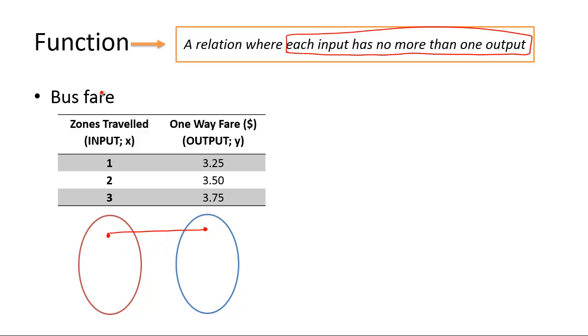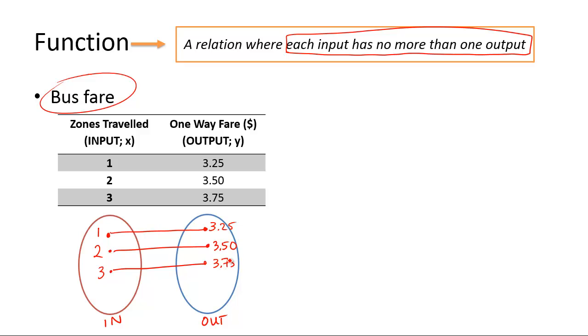So here's an example with bus fare. So say you travel one zone, it costs you $3.25. Input, output. Independent, dependent. 2 zones, it costs you $3.50. 3 zones, it costs you $3.75. So this is a very nice relation.